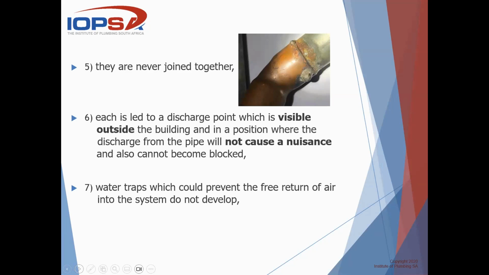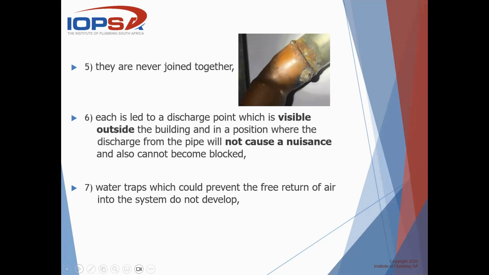They serve a purpose, and they have to be open, and they need to get out that discharge to protect the cylinder of the hot water. And water traps, obviously, are a big concern. If there are water traps, just imagine that the air cannot return because of the trap. If there's a trap and there's water lying in it, free air can't return into the system.